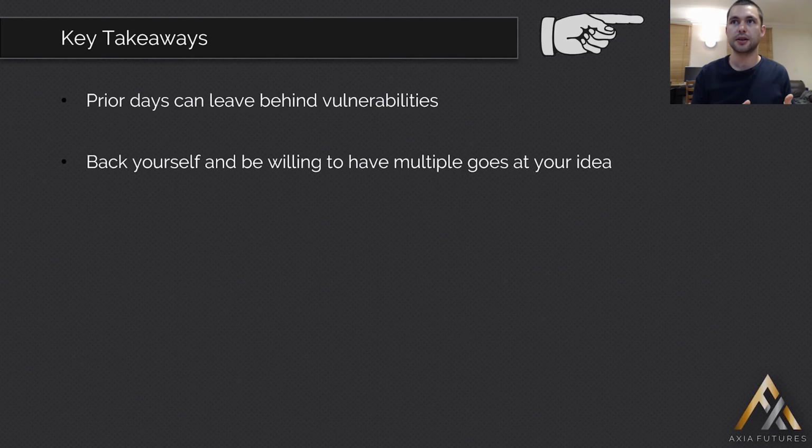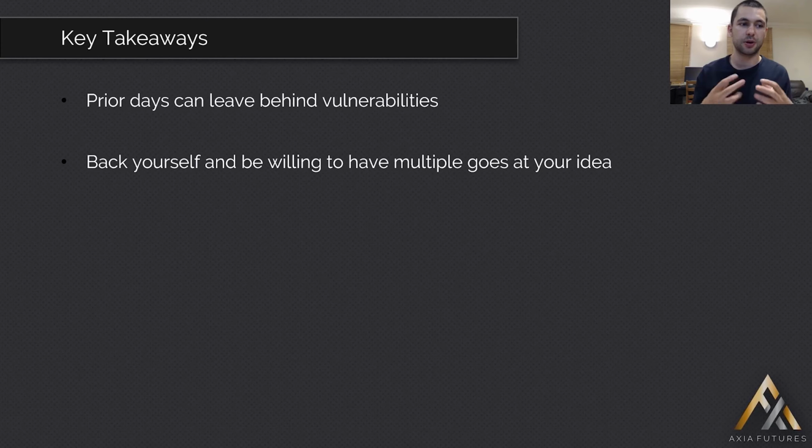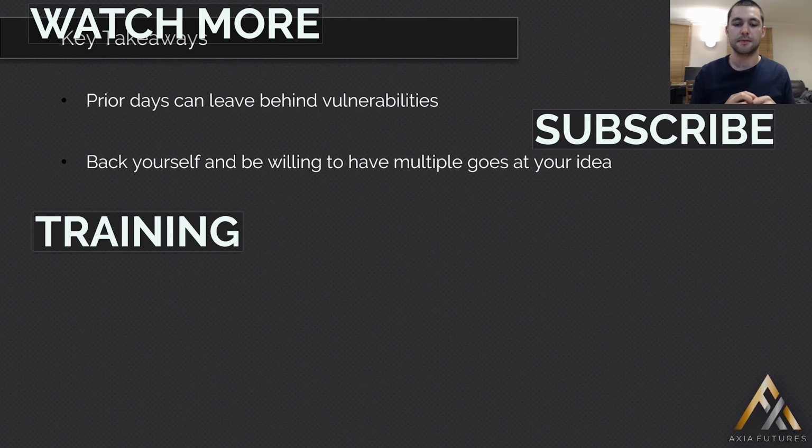The other key takeaway is about backing yourself and thinking, okay, is my idea still valid? And if so, being willing to have another go, and another go, and to show that aggression to be in there, of course. So yeah, this is quite a straightforward trade idea.